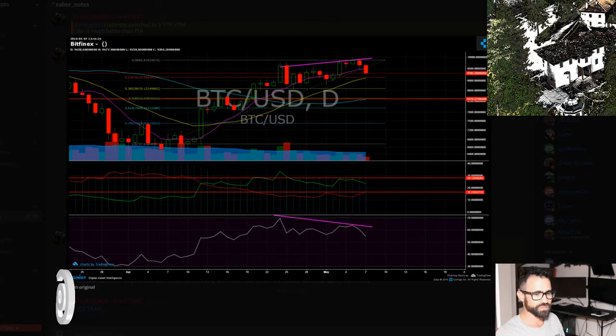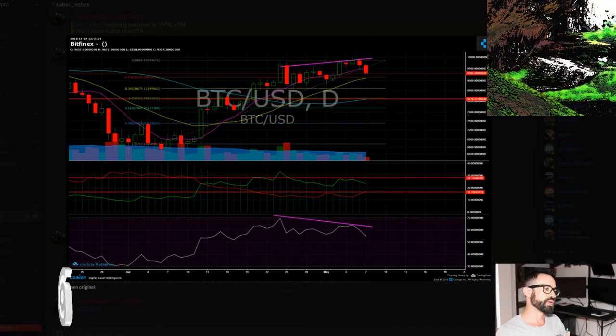This divergence lets us know that we're coming down, right? Trade reactively means react to what the chart is doing, not jump ahead, right?